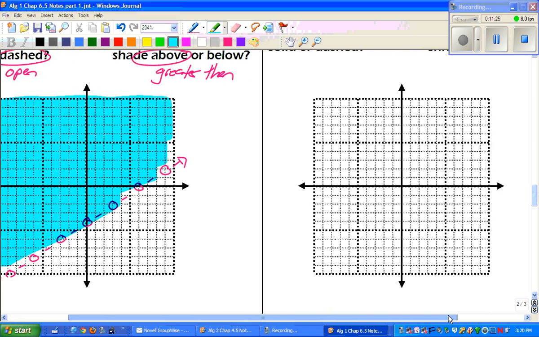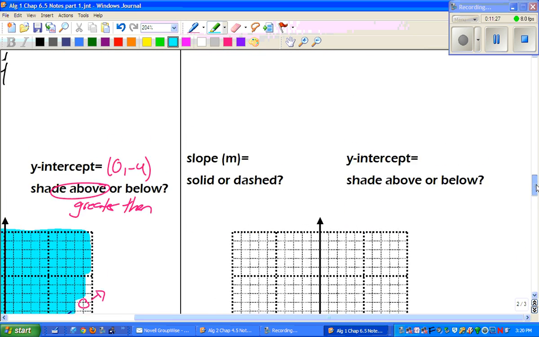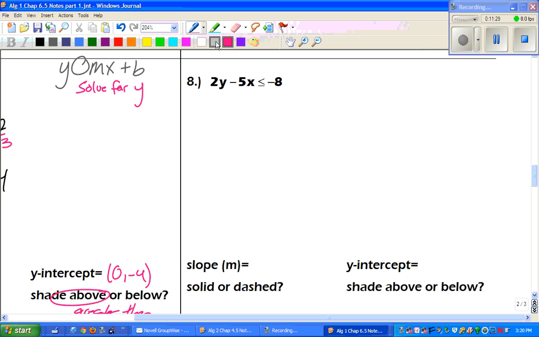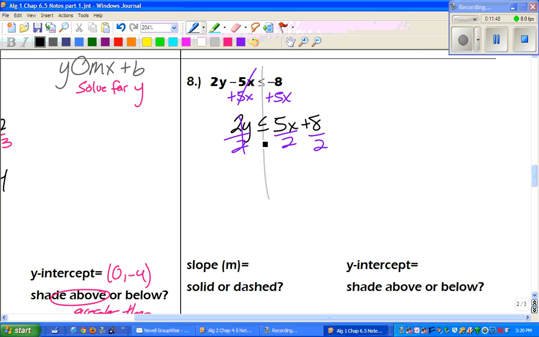Okay, last one. Okay, so we add the 5x to both sides. We get 2y less than or equal to 5x plus 8. We have to divide everything by 2. And since we're dividing by a positive, it stays the same.